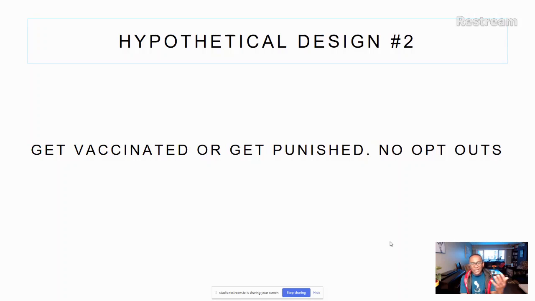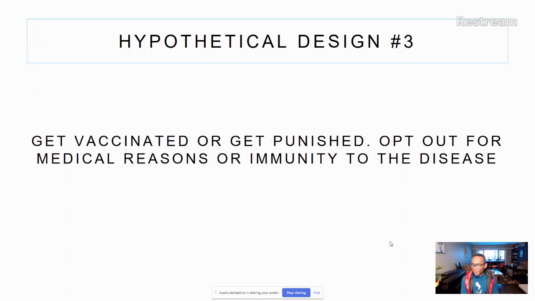Because people who can't get vaccinated for medical reasons, persons who already have natural immunity because they've suffered from the disease, people who have genuine reasons why they can't get vaccinated might go, well, this law is too broad. It's a violation of fundamental justice if it's too broad. It's applied to people who it doesn't need to apply to. So I think this is a problematic design. You're likely not to see this design anytime soon in Canada.